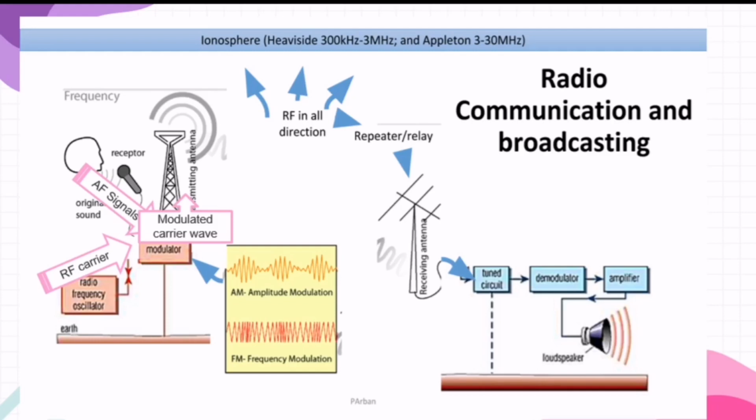The amplitude is what adjusts. On the other hand, in frequency modulation, instead of amplitude, the frequency of the RF carrier will match the frequency of the audio frequency signal. So the frequency is what adjusts in frequency modulation.